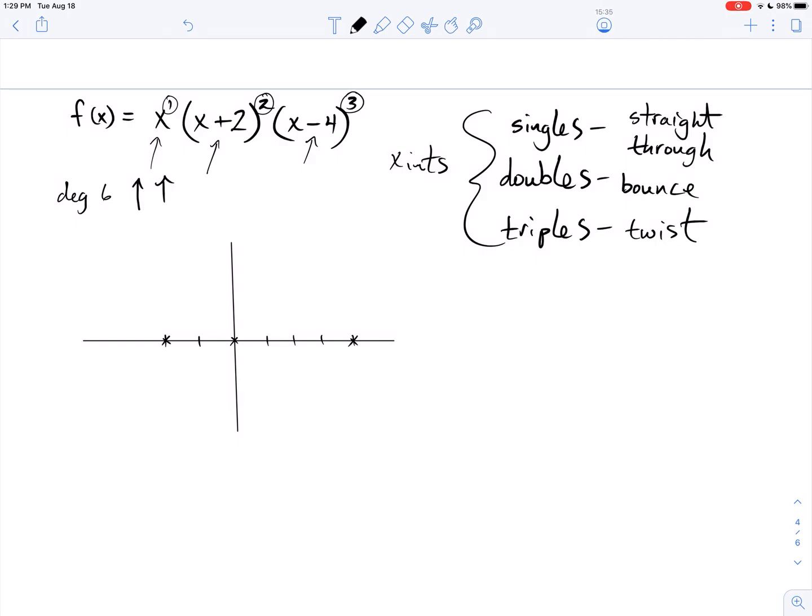So a list of facts here, and behavior. When it's an odd degree function, it will go down on the left, up on the right. If you put a negative symbol in front of that, it will reverse that pattern.